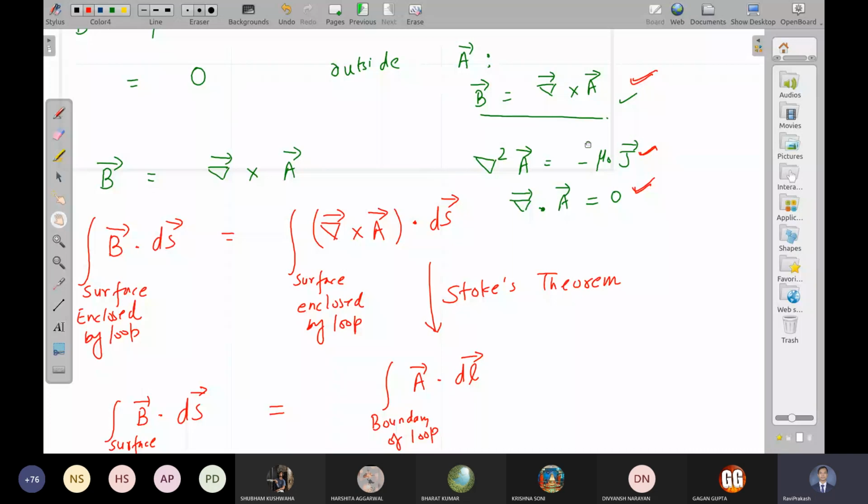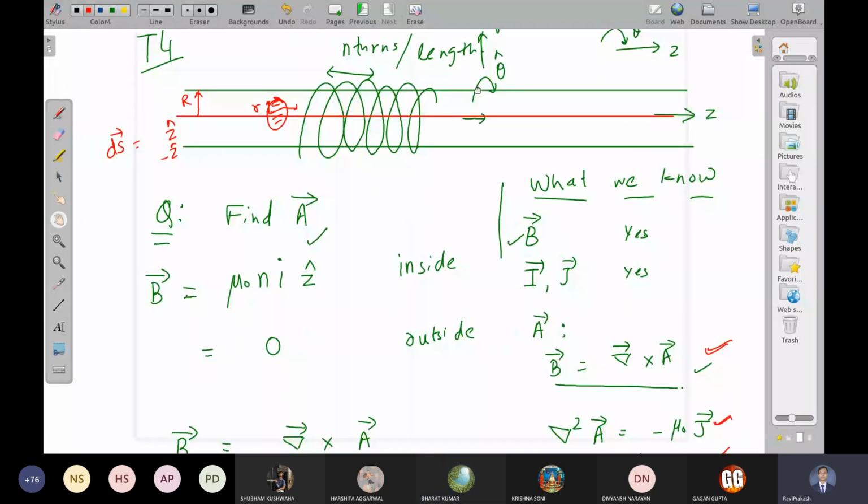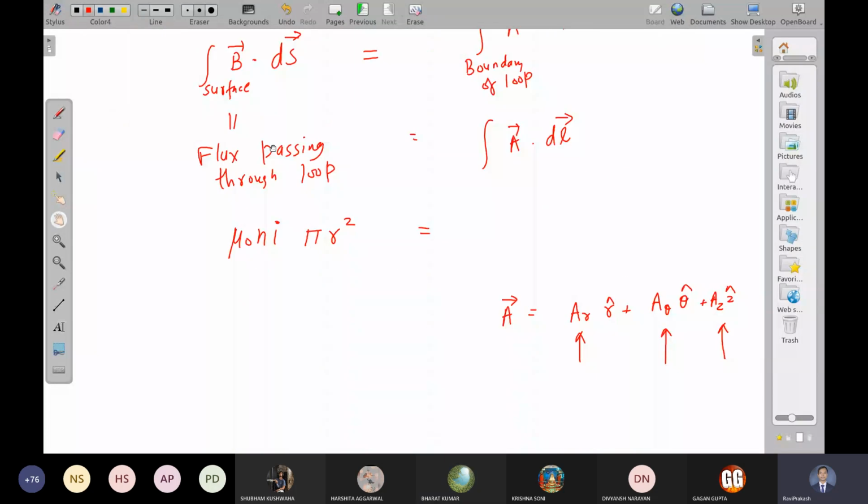Means, what is the direction of current here? Along theta cap. So vector potential will also be along theta cap. So radial component is 0. We do not need to perform any calculation to say this. This is also 0. Vector A here is as simple as A theta, theta cap.